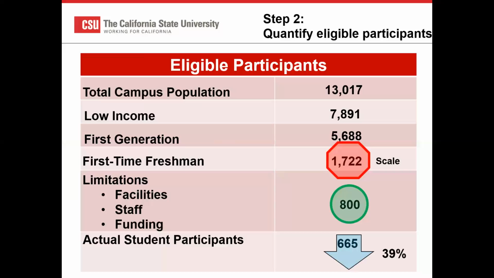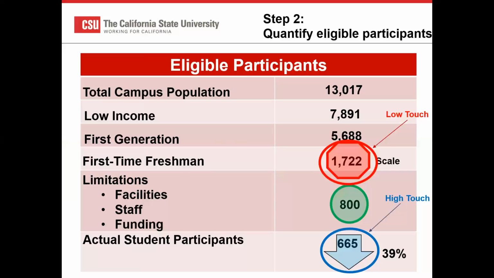Now, don't fret. We are all working very hard. The CSU has just released $20 million in additional funding that can be used towards programs like this to enhance them, to meet the needs of a large population of students. But in the meantime, what we're encouraging is to look at actual participants or a number of the total eligible participants who may need more of a high touch or rigorous aspects of that particular program.